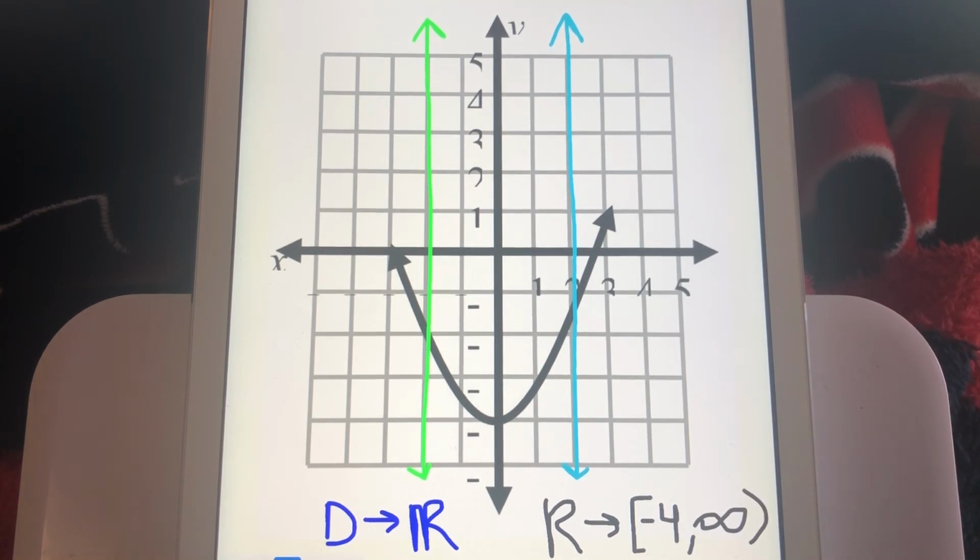We always close out our notation with infinity with parentheses, because infinity is not a real number, so you can't ever be equivalent to infinity. So brackets before the -4 because -4 would be included in the range, parentheses after infinity just because you're supposed to. All right, let's do one more example and then we'll be done.